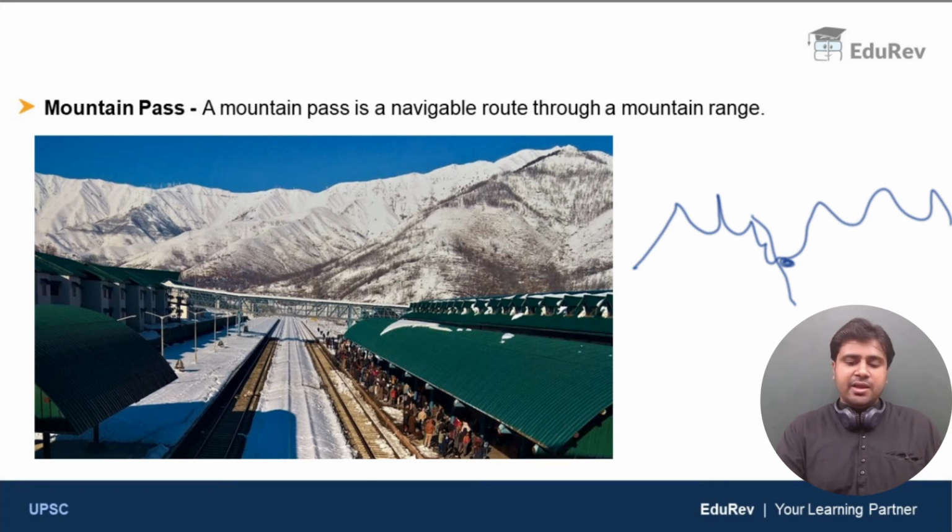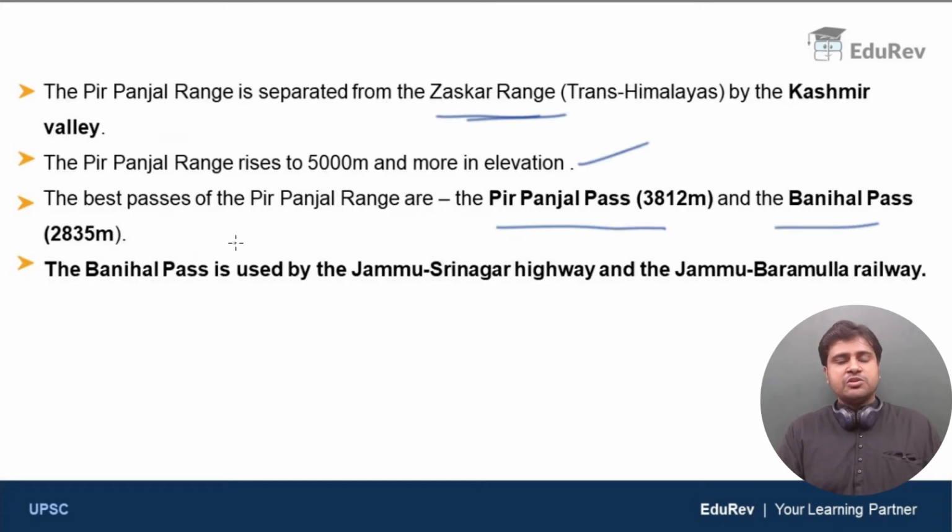Clear, right? Now, the best passes of Pir Panjal Range are the Pir Panjal Pass, which is situated at an elevation of 3,812 meters, and then you have the Banihal Pass at an elevation of 2,835 meters. So please remember these names, these are very important.